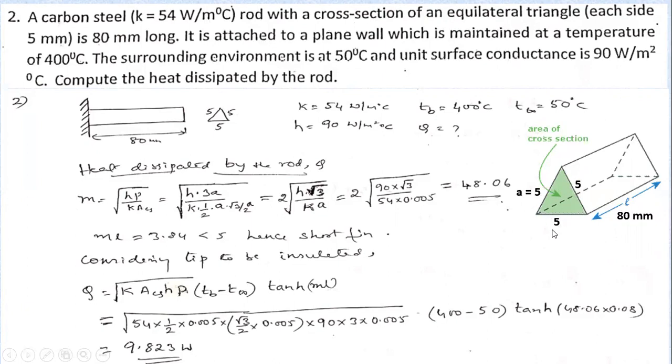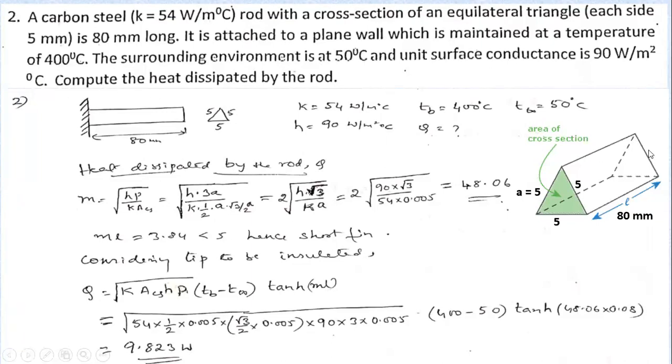That means all the sides have the same length of 5 mm, and this complete fin is of the length of 80 mm. This is attached to the plain wall, which is maintained at a temperature of 400 degrees centigrade. So writing it as TB as 400 degrees centigrade. The surrounding environment is at 50 degrees centigrade.